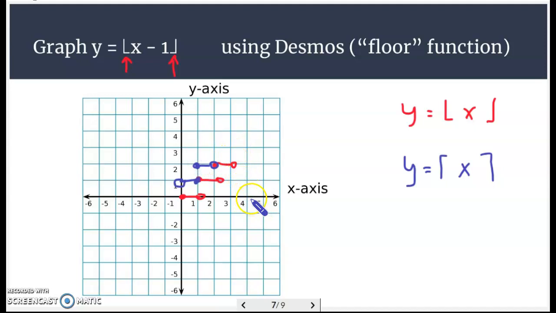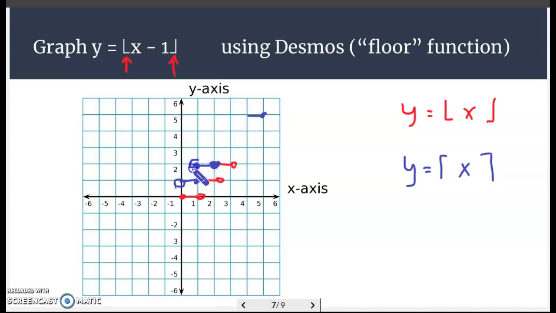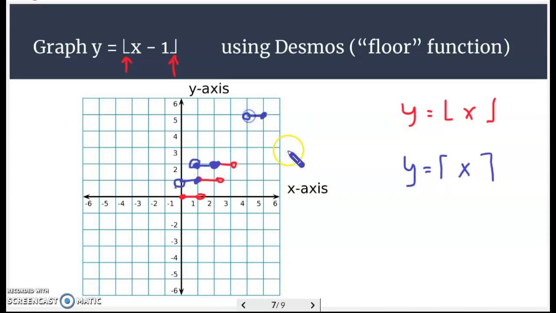Like over here between 4 and 5, that would round up to 5. I think right here I got my endpoints mixed up. This should be an open circle. Yeah, closed circle on the right, open on the left.